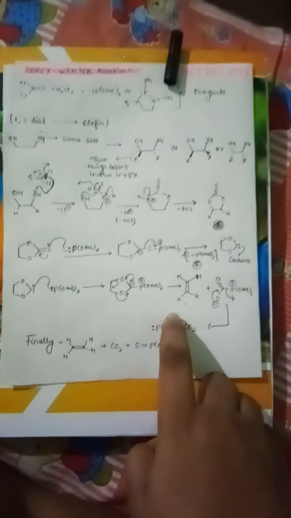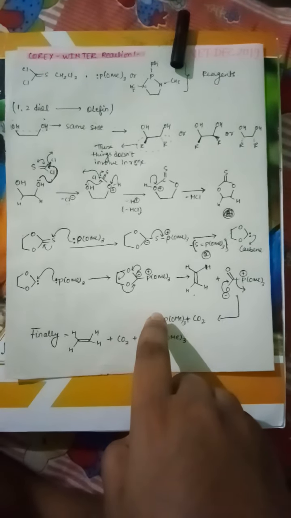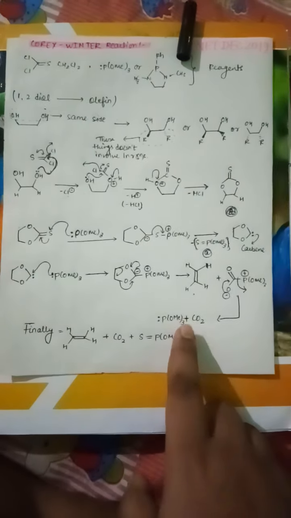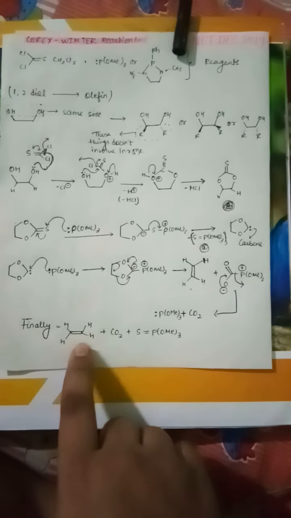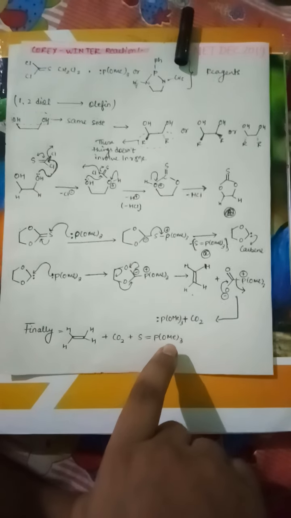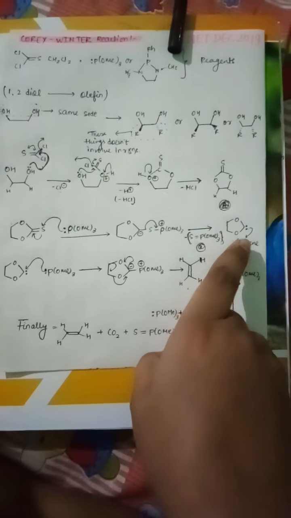As I told you before, P(OMe)3 works as a removal participant for sulfur or other groups such as CO2. And finally we get the alkene, CO2 and sulfur containing P(OMe)3 from the place where the carbene formation was happening.